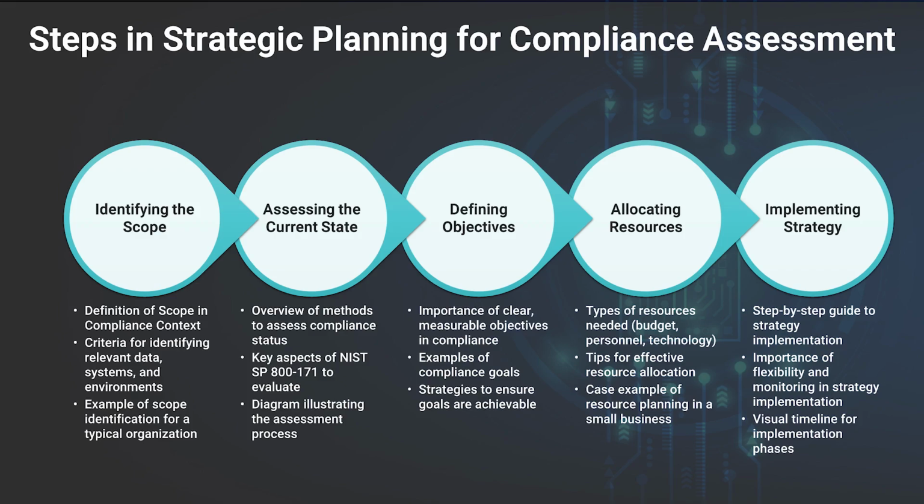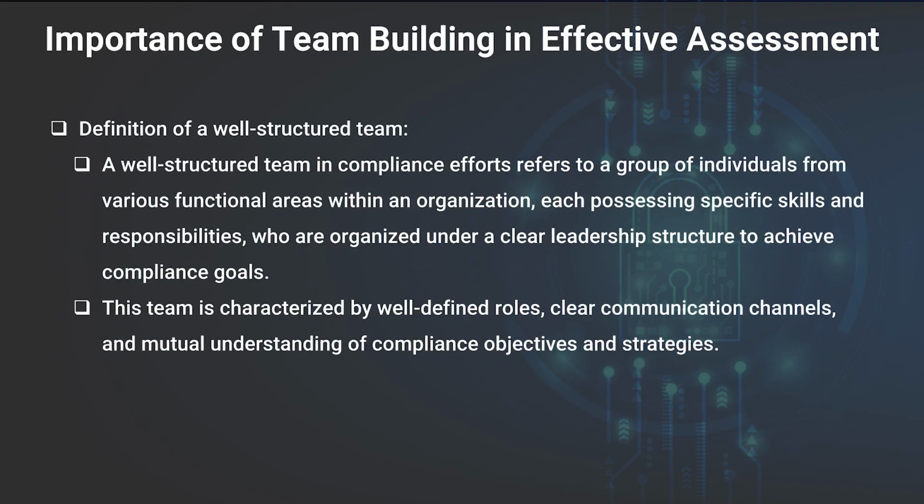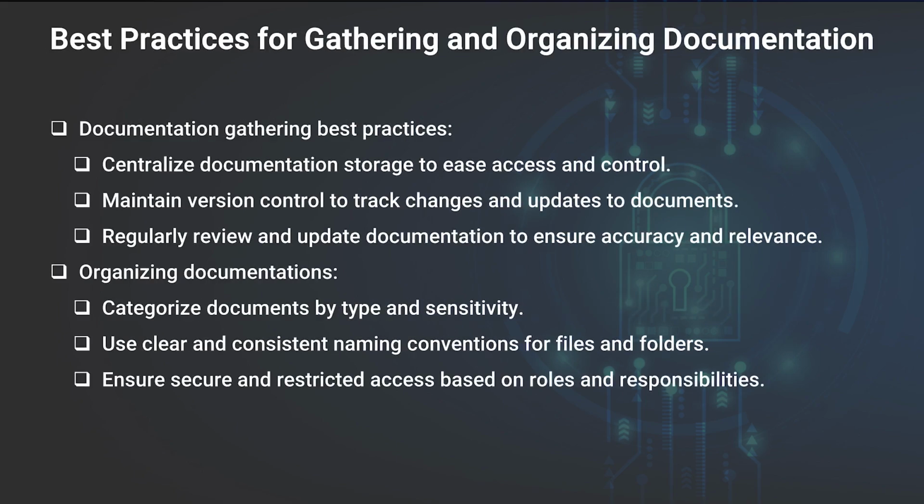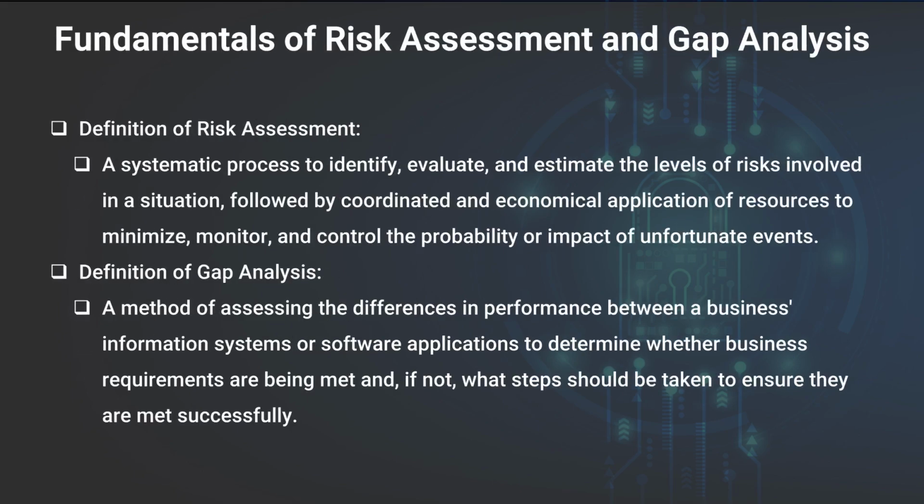Section 3 is a roadmap for self-assessment. This module will look into strategic planning for compliance assessment and team building aspects for effective assessments. We will talk about documentation gathering and how to prepare for assessment, and look into risk assessment and gap analysis.